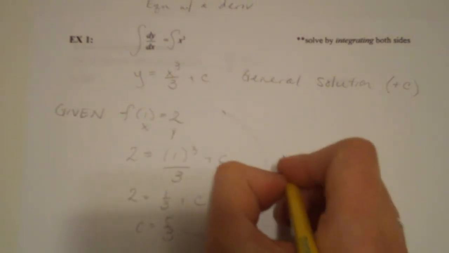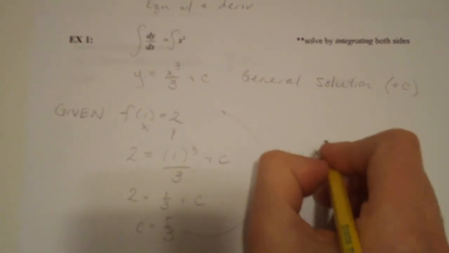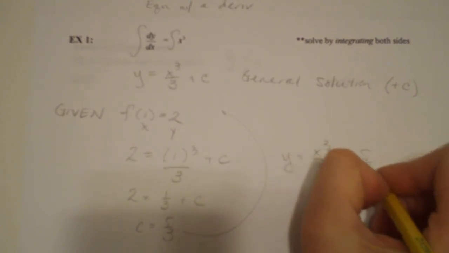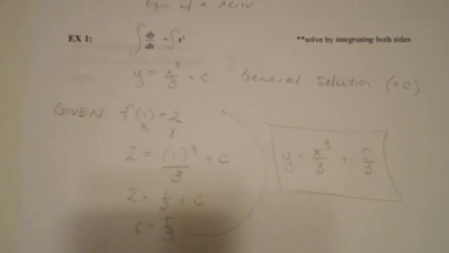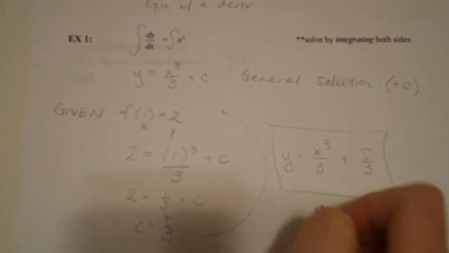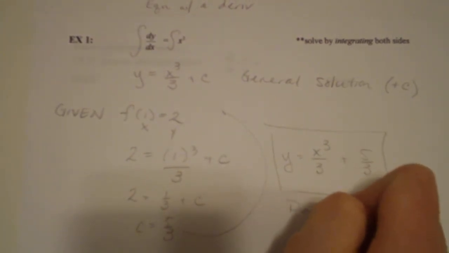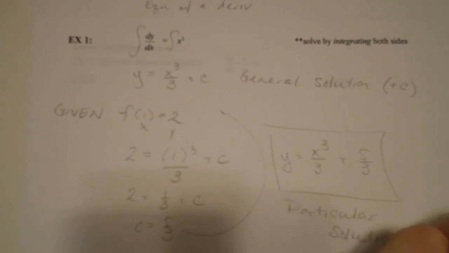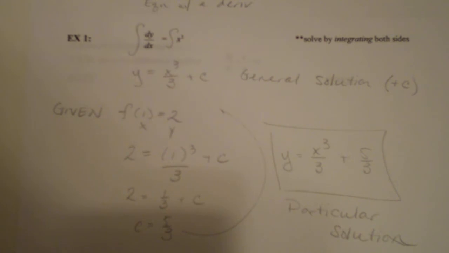And what I'm going to do is take that 5/3, plug it in, and I've got y is equal to x to the third over 3 plus 5/3. That right there is called your particular solution. Notice my particular solution is an exact answer for y.